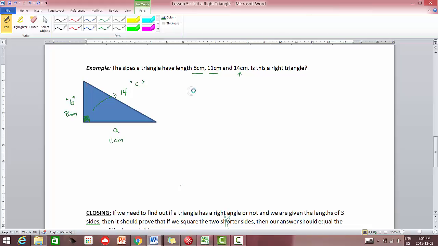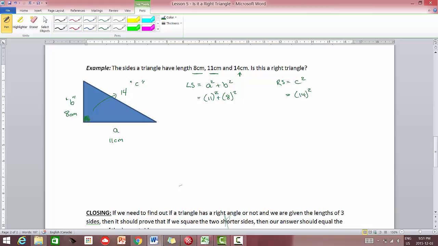Okay, next step, set up your proof. Left side equals a squared plus b squared, and right side equals c squared. Fill in your values. Your a is 11, your b is 8, both squared, and your c is 14.